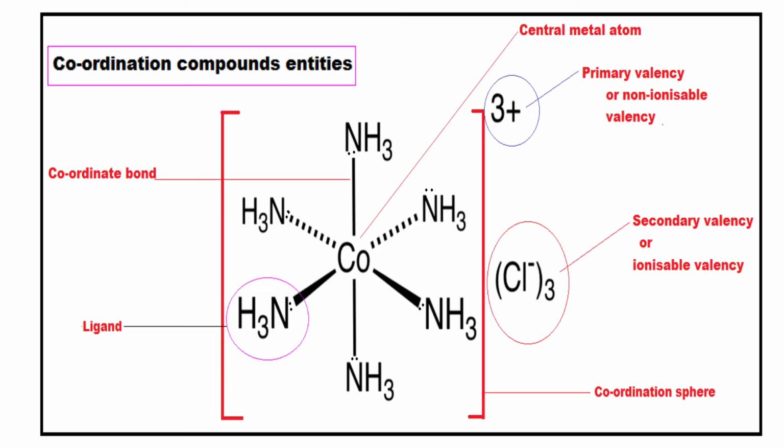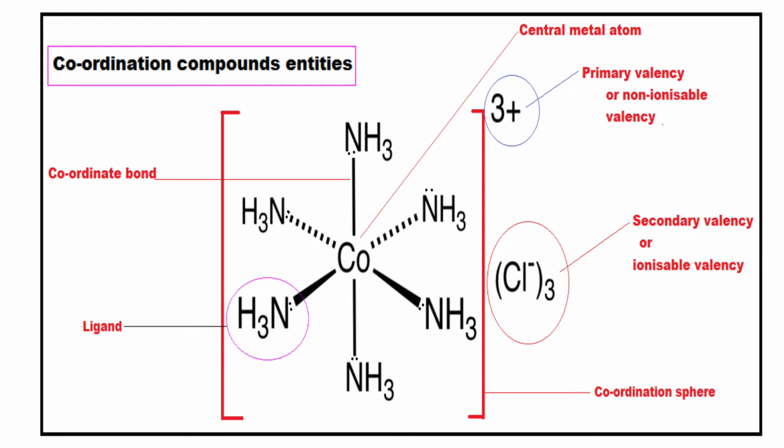This is a small diagram explaining coordination compounds and the various entities associated with them. Here a centrally located cobalt is called the central metal atom, and these are the 6 ligands covering the cobalt. The square bracket is generally called the coordination sphere. Here is an ammine as a ligand, and this dark black bond represents the coordinate bond.